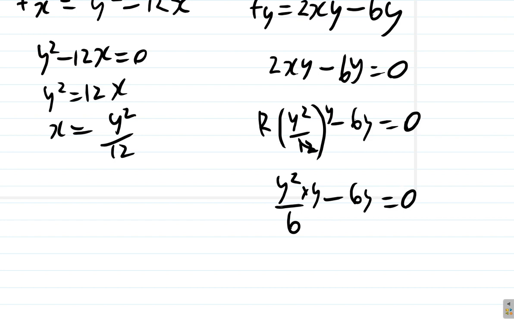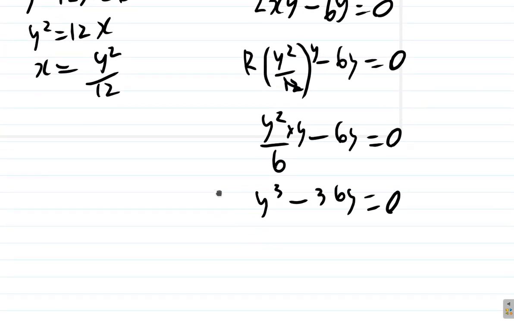If we multiply throughout by 6, we could combine the y squared and the y. y squared by y is y cubed. y cubed minus 6, when we multiply by 6, this cancels, we have 36y equals 0.